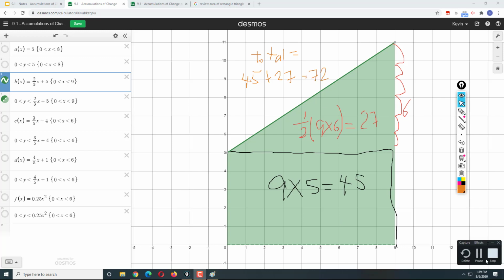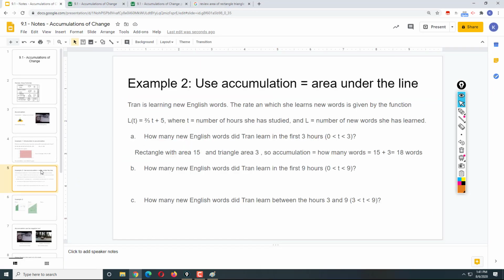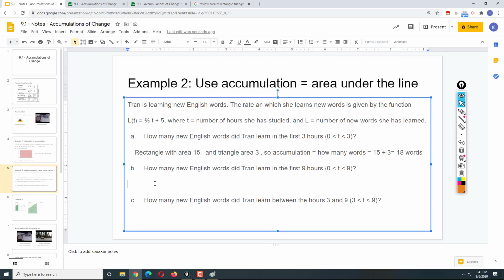72. Okay? So going back to our question, how many new words did Tran learn in the first 9 hours? It's going to be 45 plus 27, which is equal to 72 words. Part C. How many new English words did Tran learn between the hours 3 and 9?